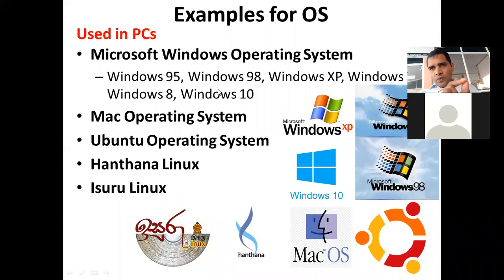But that word open doesn't mean that it is free, right? Open means that the source program, those instructions, are open for all the people who use it. But remember one thing: when it comes to licensed software, when the development is over, they close the instructions because they are selling that particular product to others.